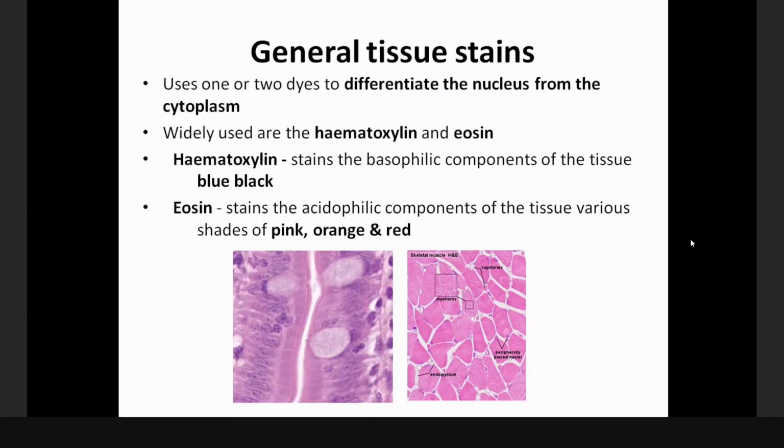So it is not 100% perfect. What we do in tissue processing is always to make our tissue appear as much like reality as possible. Otherwise, it's not 100% perfect.